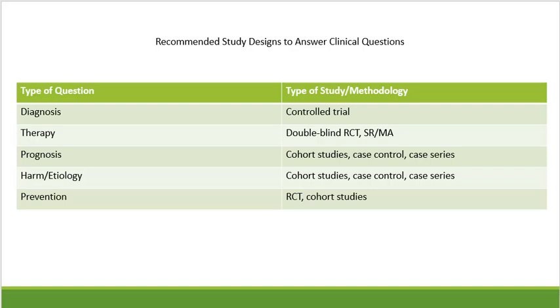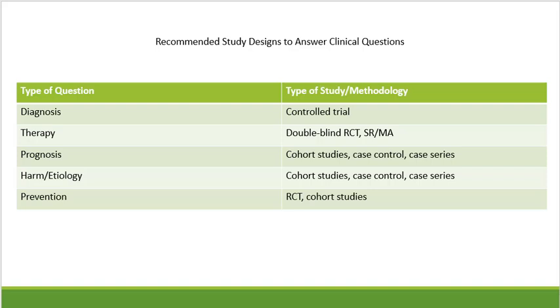Now, as you've learned, there is a variety of different study types, a hierarchy of evidence to help us answer clinical questions. And depending upon the type of question that you have, there is a preferred type of study.